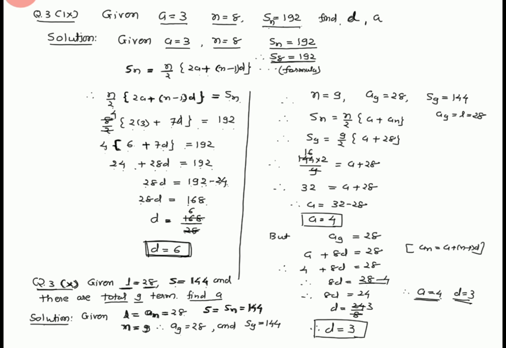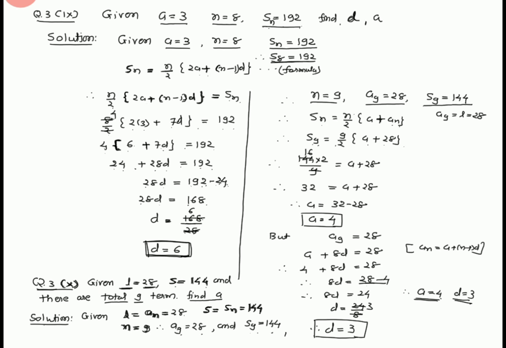Therefore a9 equal to 28 and S9 equal to 144. Now we know n equal to 9, a9 equal to 28, S9 equal to 144. We know the formula Sn equal to n upon 2 into a plus last term an. S9 equal to 9 upon 2 into a plus 28.